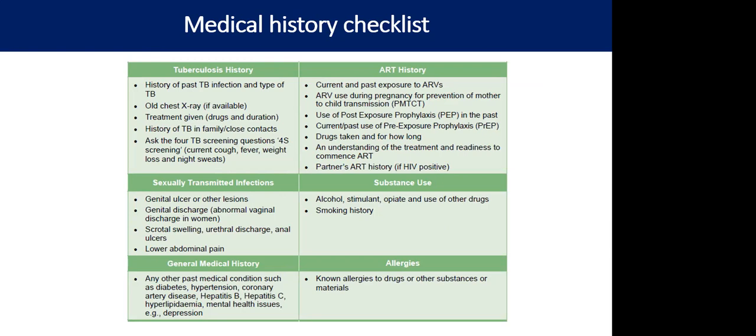Substance use, we have already talked about alcohol, stimulant, opiate, use of other drugs, smoking, etc. And general medical history, we have already discussed hypertension, diabetes, coronary artery disease, hepatitis B, C, etc., hyperlipidemia, mental health issues like depression, and allergies, known allergies to drugs, particularly drugs that we use commonly, like sulfa drugs. We use cotrimoxazole prophylaxis, so this is important, or other substances or other material.